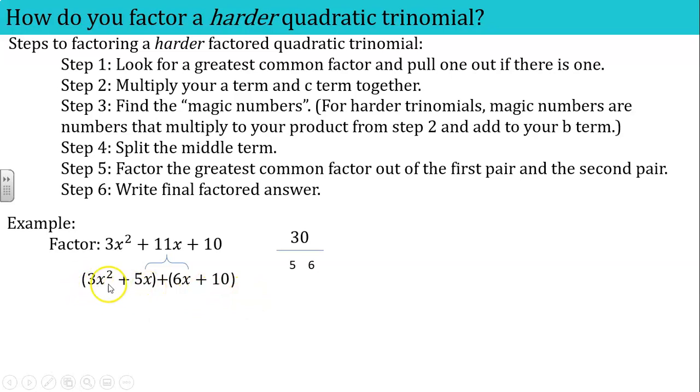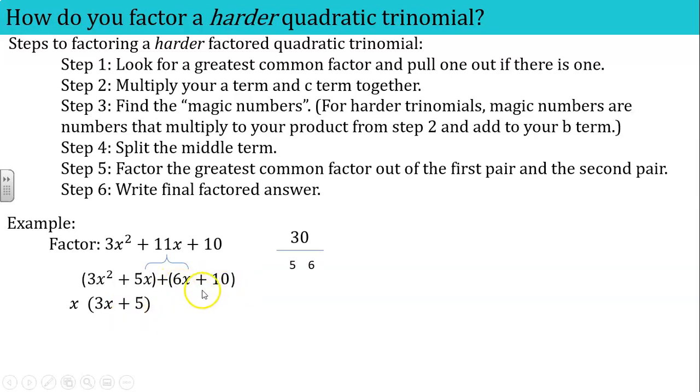Looking at 3 and 5, they don't have a greatest common factor besides 1. But what these 2 terms do have in common is an x. If I pull an x out of both of those terms, aka divide both terms by x, here's the x that I pulled out, and inside the parentheses I'm left with 3x plus 5.